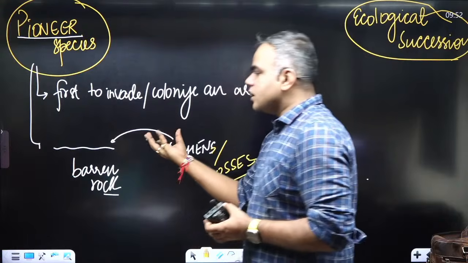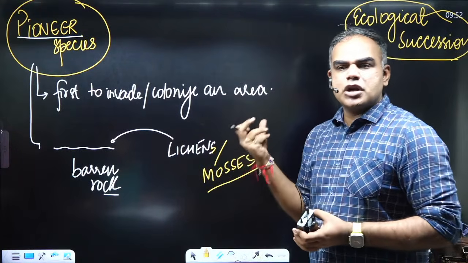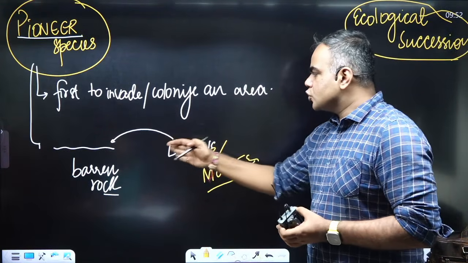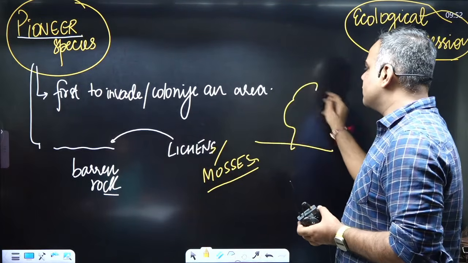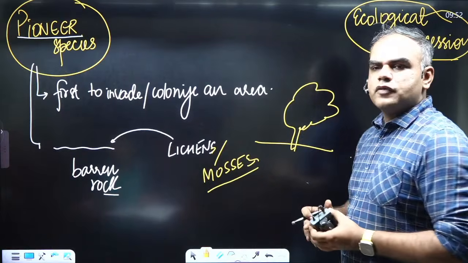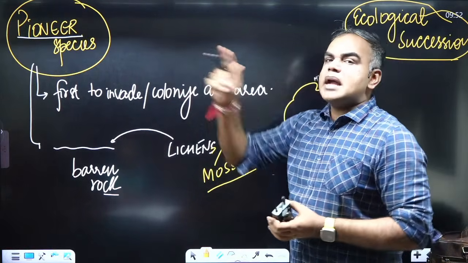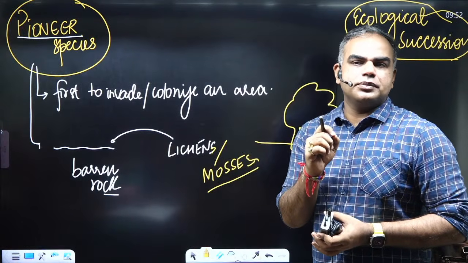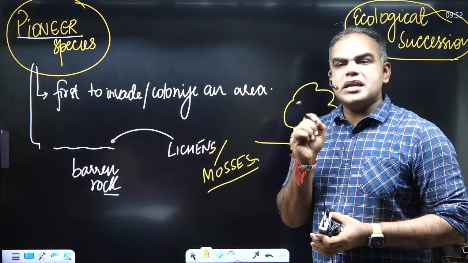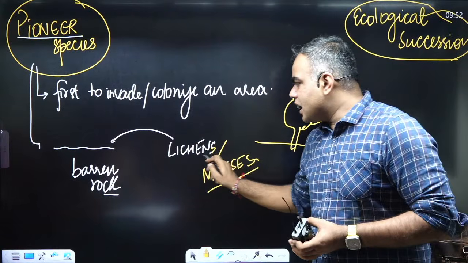Slowly, steadily there will be grasses, herbs, shrubs, etc. And after many years you will see proper forests. So pioneer species are the species that are first to colonize an area. Hence, what is the name? Pioneer species.